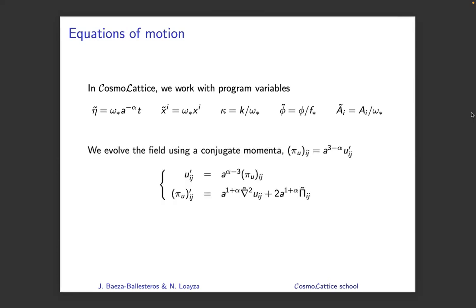So just to explain a little bit how it is done, as I told you already, we actually evolve a set of fields, actually 6 fields, these U fields, and we just follow the same prescription as if they are scalar fields. So they follow the same prescription by defining the conjugate momentum in this way.